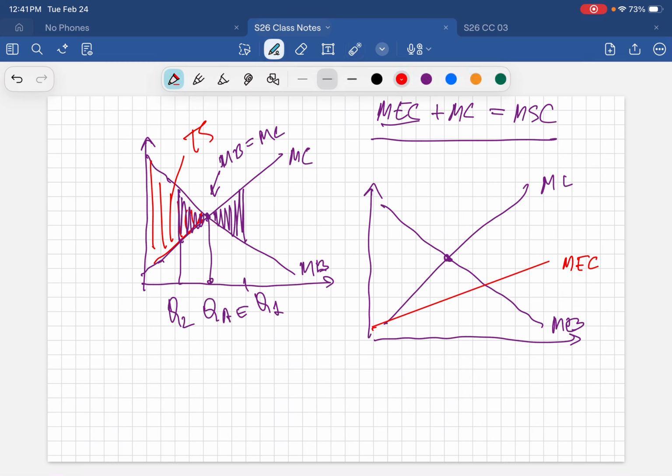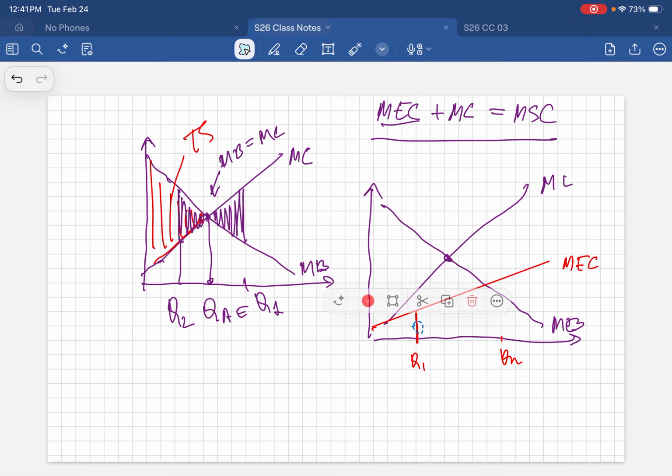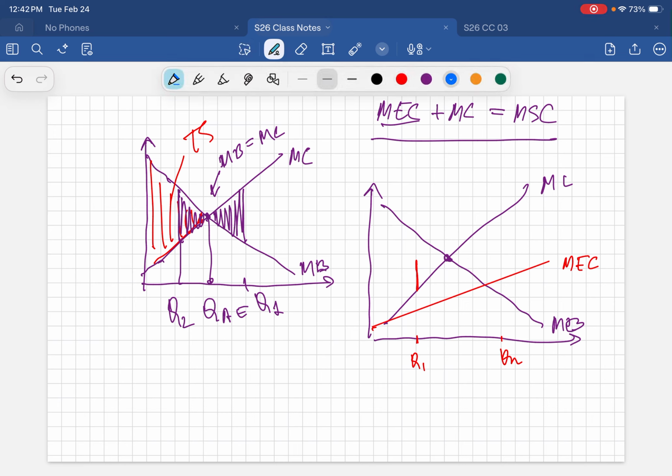Graphically, it's done by picking a couple of outputs, let's say Q1 and Q2, right? Then measuring MEC at Q1, grabbing this distance, and putting it on top of MC. When you put them on top of each other, you get a point on your marginal social cost curve.